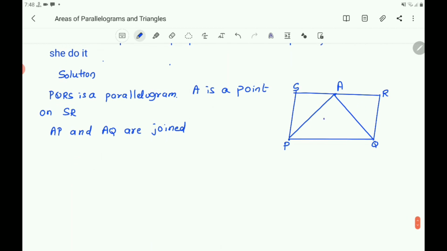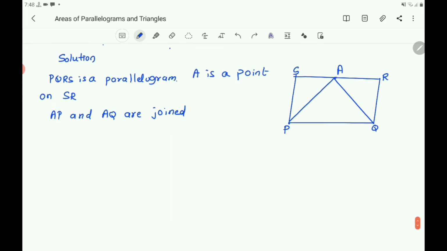Now here you can say that triangle APQ and parallelogram PQRS are on the same base and between the same parallels. So the area of triangle APQ is half the area of the parallelogram PQRS.